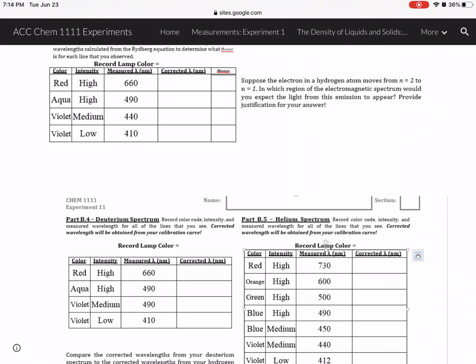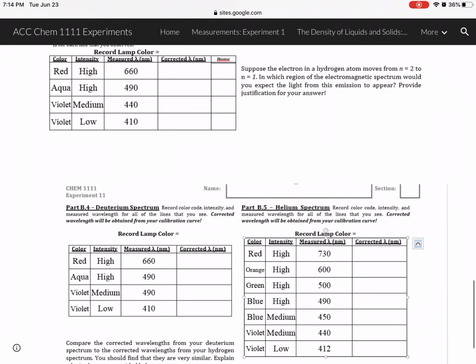It looks like it's a mistake. Anyway, you can do the corrected wavelength for the numbers given, and when you look at the deuterium and hydrogen, you can see that they both have about similar measured wavelengths. If they have the same measured wavelengths, their corrected wavelengths are also going to be pretty much similar, right?